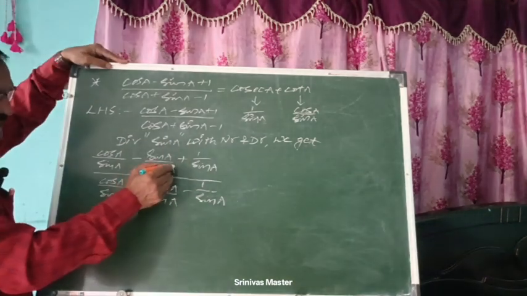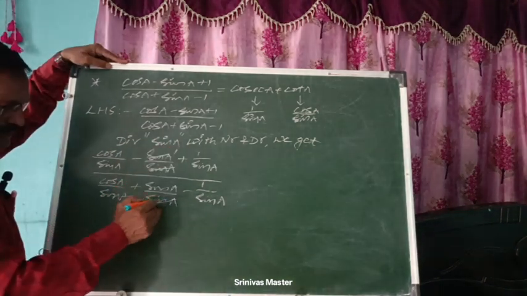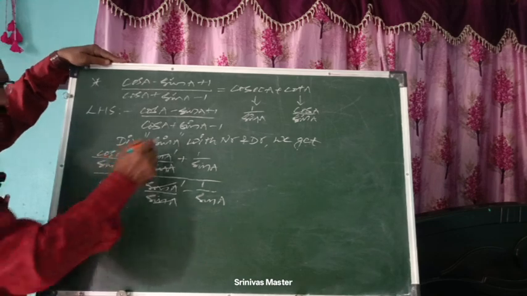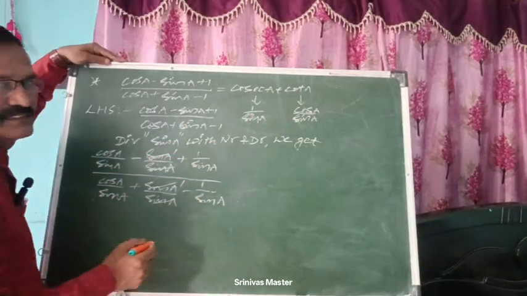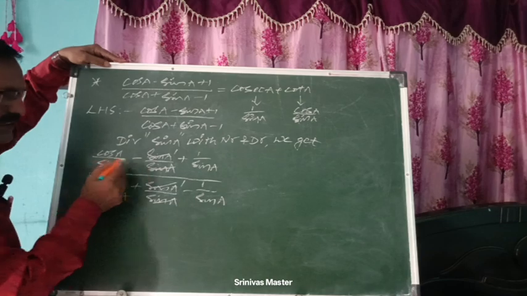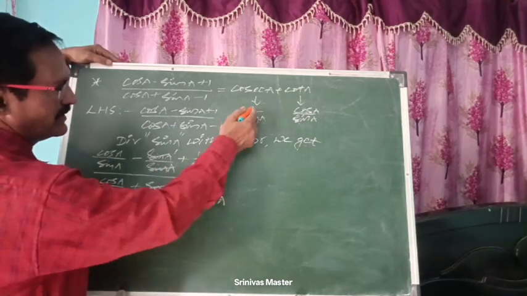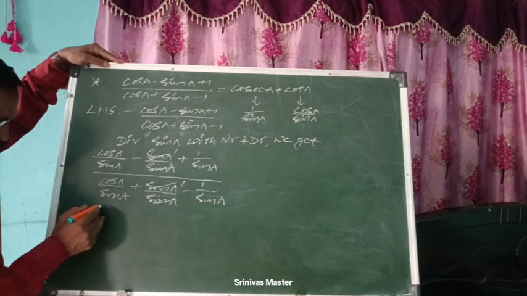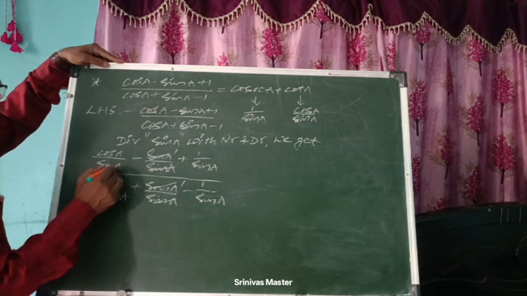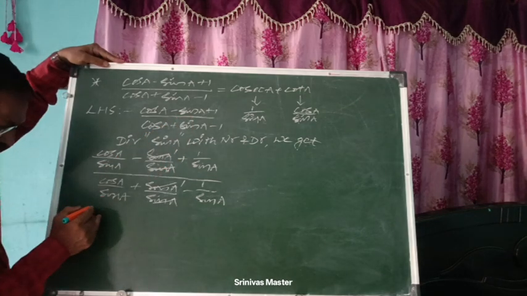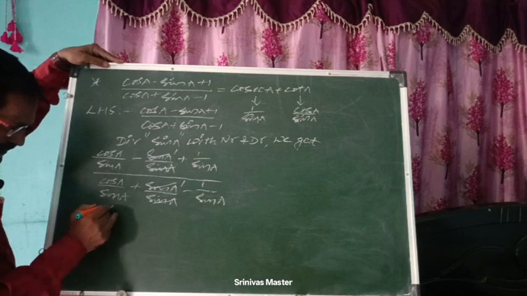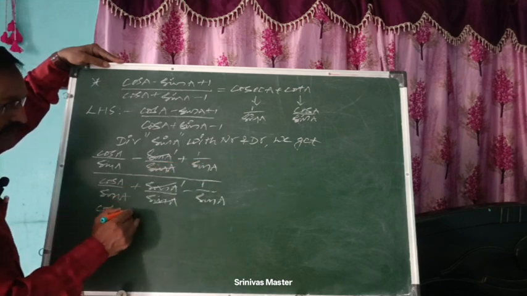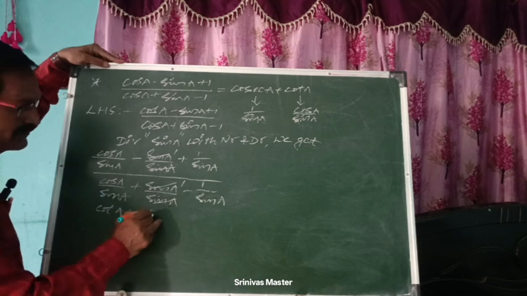Now here sin a cancels one time, you know that. Cos a by sin a means cot a, so in this place you can write cot a. Next, 1 by sin a means cosec a.